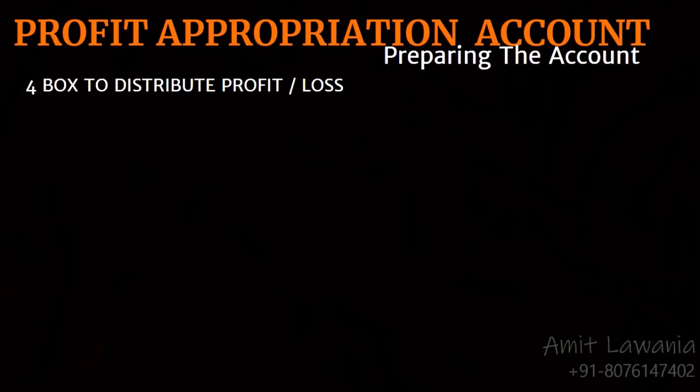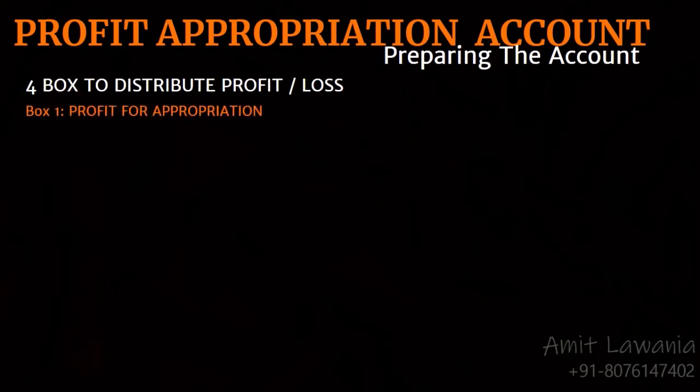Here, the numbers and details go through 4 processes that I like to call boxes, and the results from each box help us make the profit appropriation account without making any mistakes. So these 4 boxes help you reduce the chances of making a mistake. Let's have a look at the boxes.